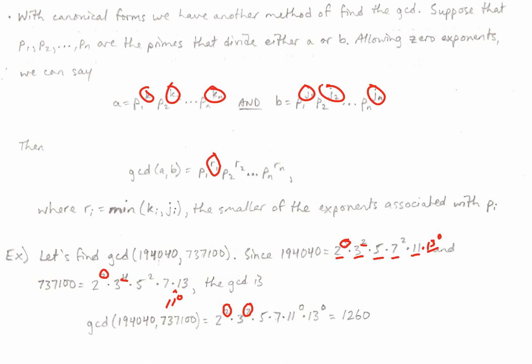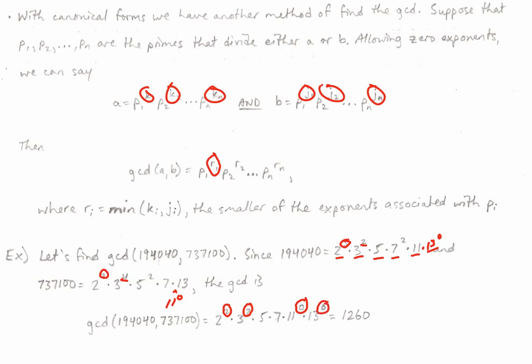For 7, exponent of 2, exponent of 1, we're going to take the 1. Here, 11, exponent of 1. Here, exponent of 0, we're going to take the smaller of those, which is 0. So that's why we have 11 to the power 0 here. And then likewise for 13, 13 to the power 0, 13 to the power 1, take the smaller power of 0 and write that in there.